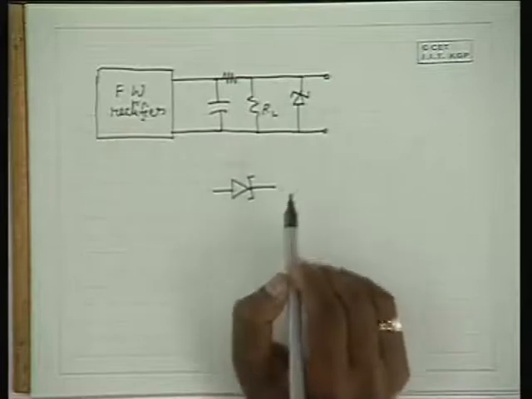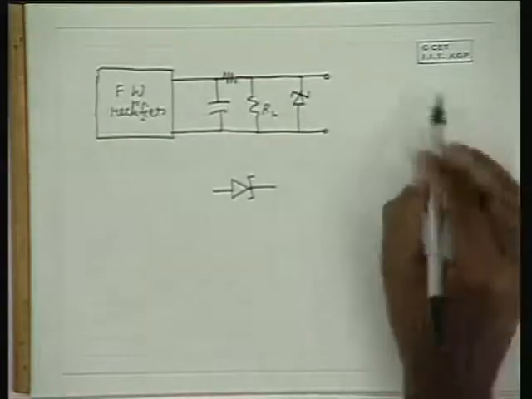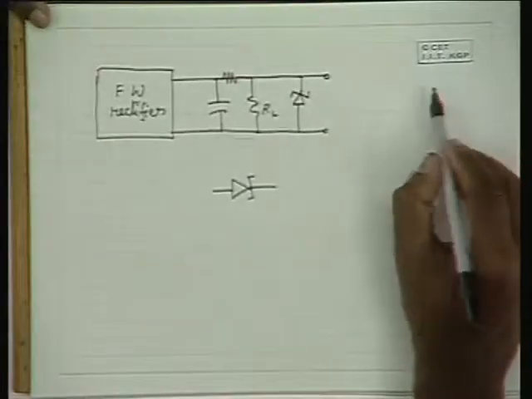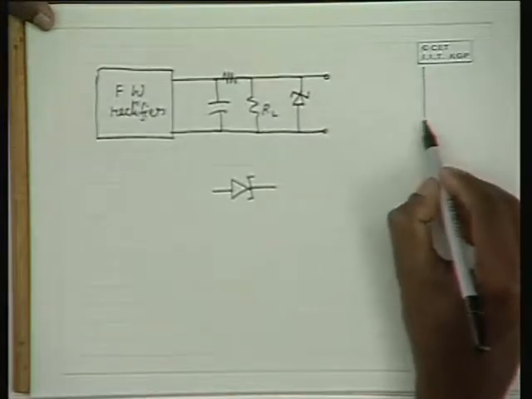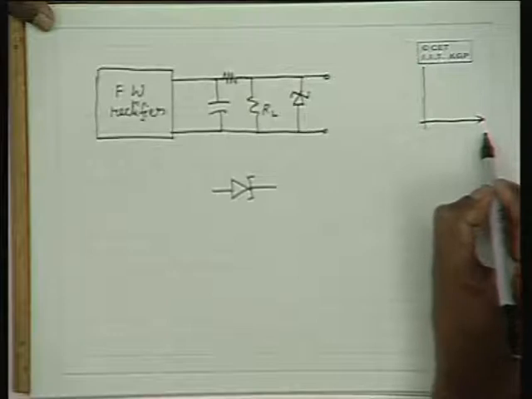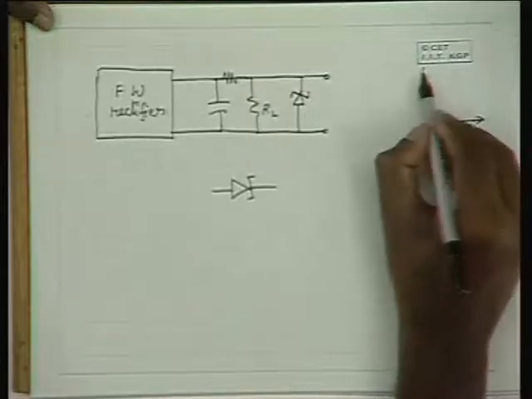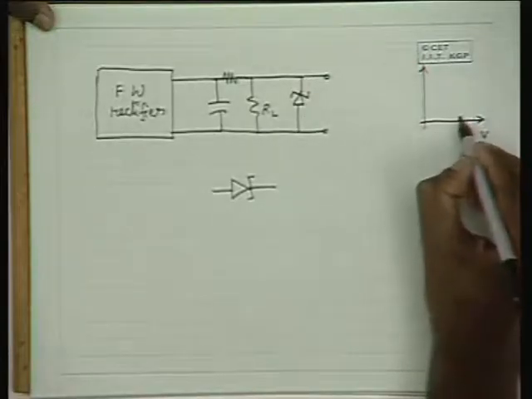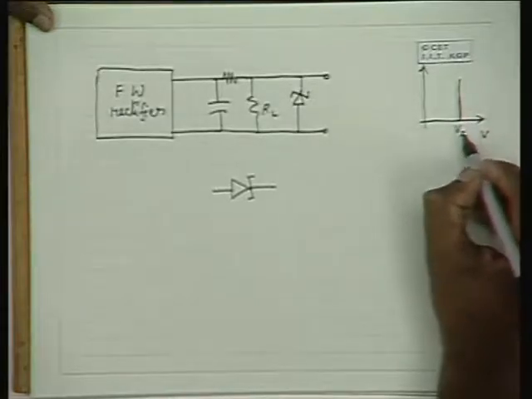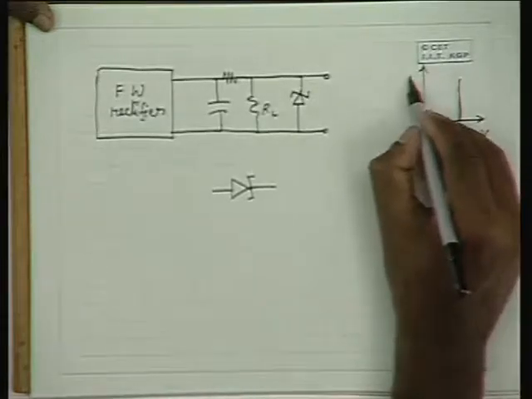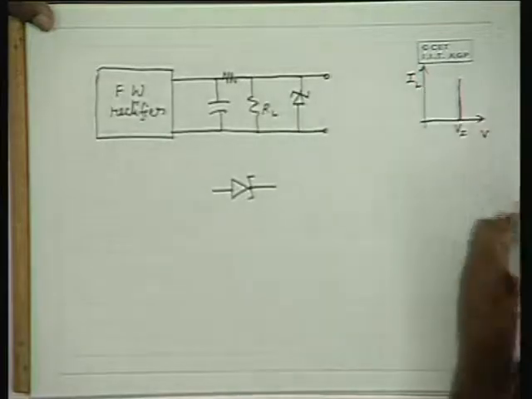It is always operated in the reverse direction, so that the characteristics is something like this. When the reverse voltage increases beyond Vz, the Zener potential, the reverse current increases.